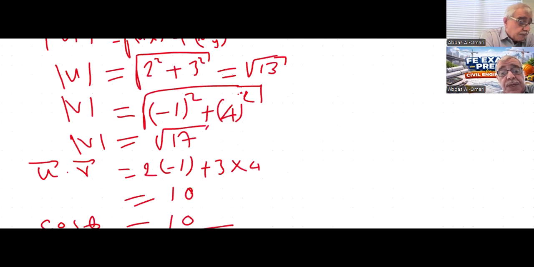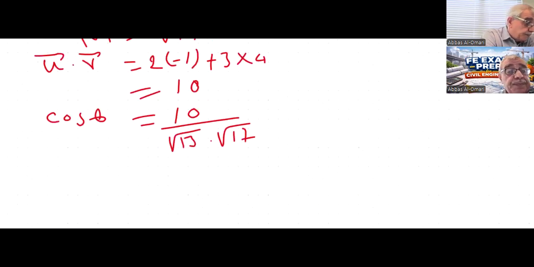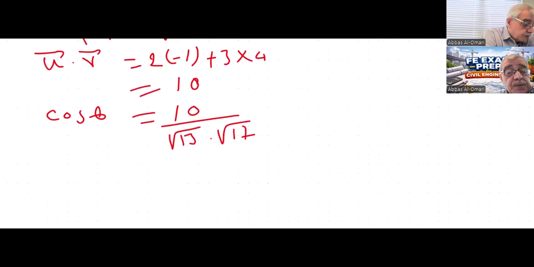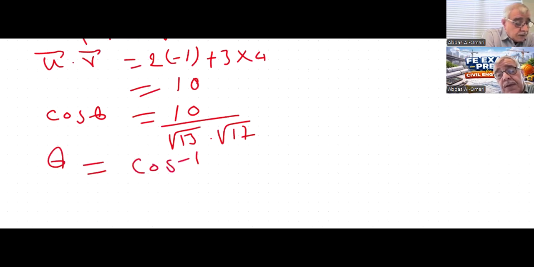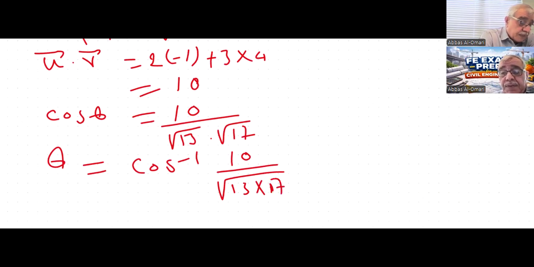So theta equals cosine minus 1 of 10 over the square root, we can bring them together, of 13 times 17. So this is the answer: cosine minus 1 of 10 over the square root of 13 times 17.